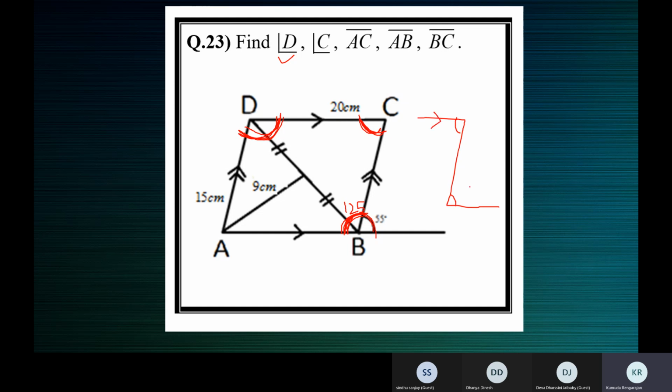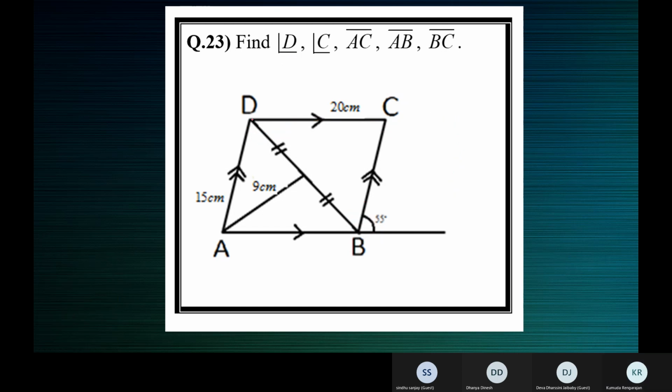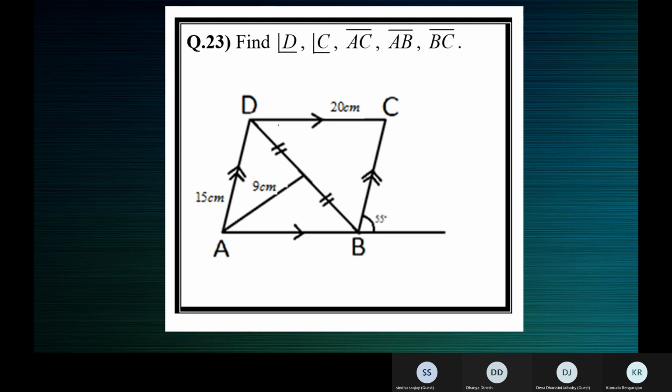These are the parallel lines. See here? This is parallel to DC.